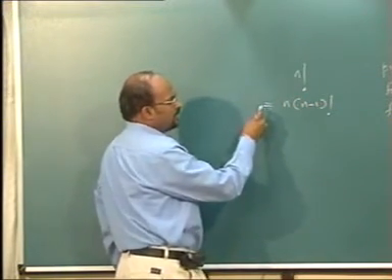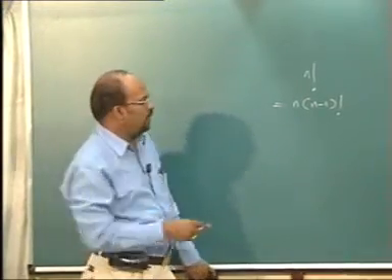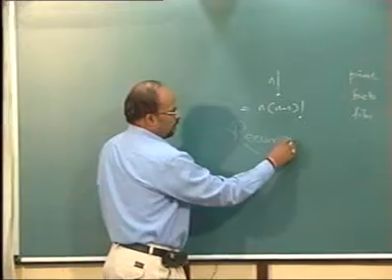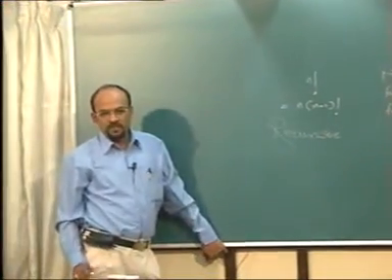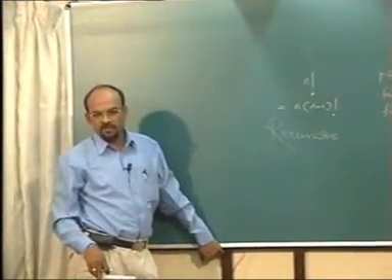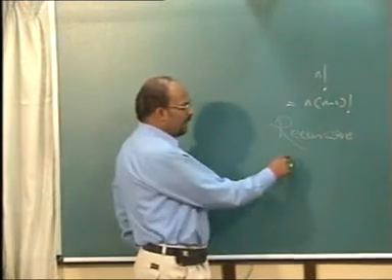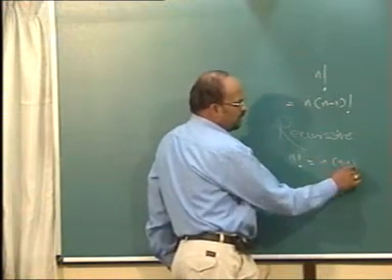When a function is defined in terms of itself, it is called a recursive function. Recursive is you define the function in terms of itself. I am saying that n factorial is n into n minus 1 factorial.